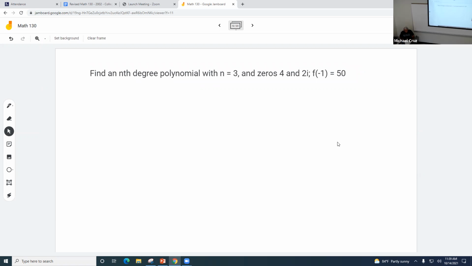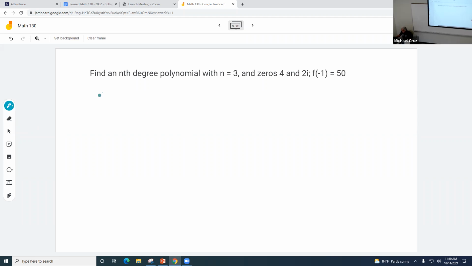All right, so they're giving us 3 pieces of information and telling us that we're looking for a cubic polynomial, n is equal to 3. And they're saying one of the zeros is 4 and the other one is 2i. Okay? So let's just kind of set this up.